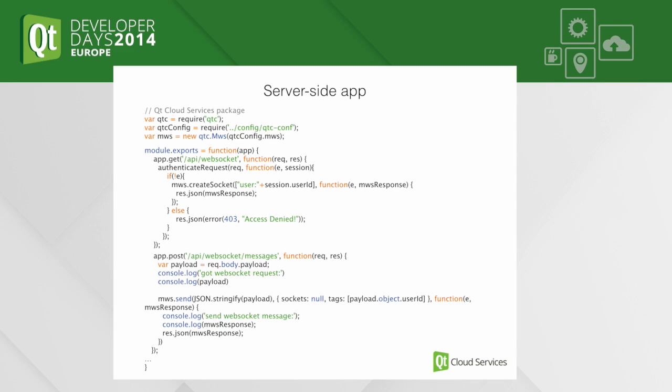And when our server-side application wants to send a WebSocket message, it creates a request to the managed WebSocket gateway, again with the user ID information, and our managed WebSocket gateway delivers the message to the correct clients.